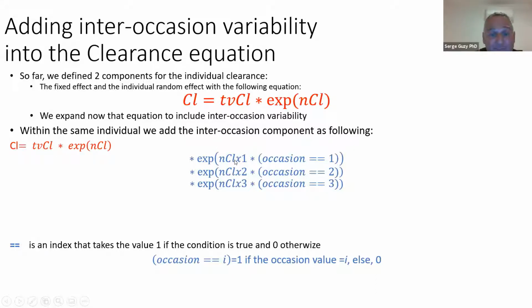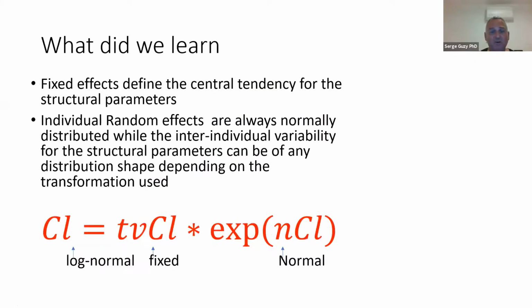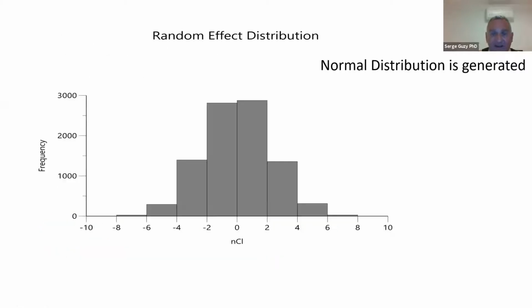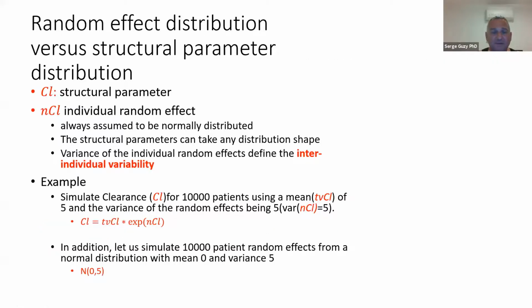NCLX1 is a sample from a distribution, and W is defined as the variance of that distribution. You can see NCL is a sample from a distribution, but that changes from individual to individual, and the variance we call W squared CL.